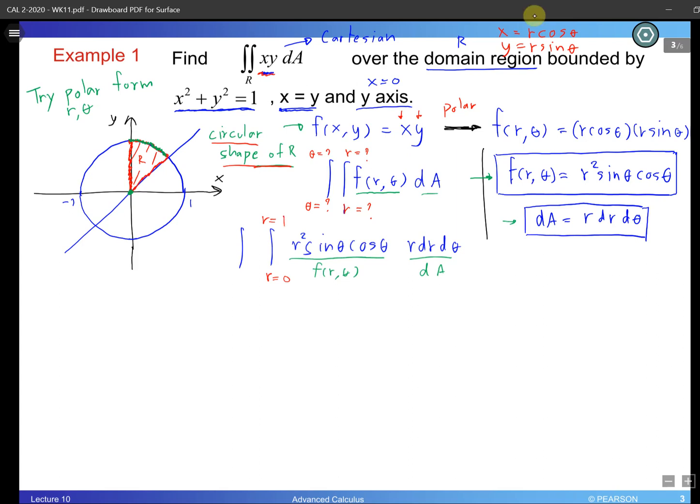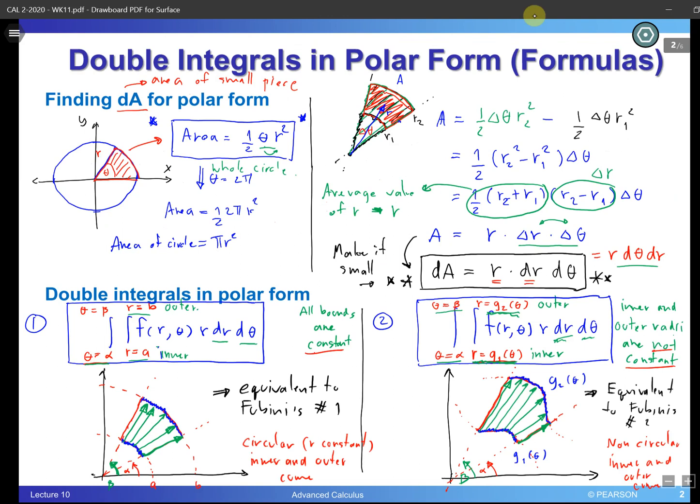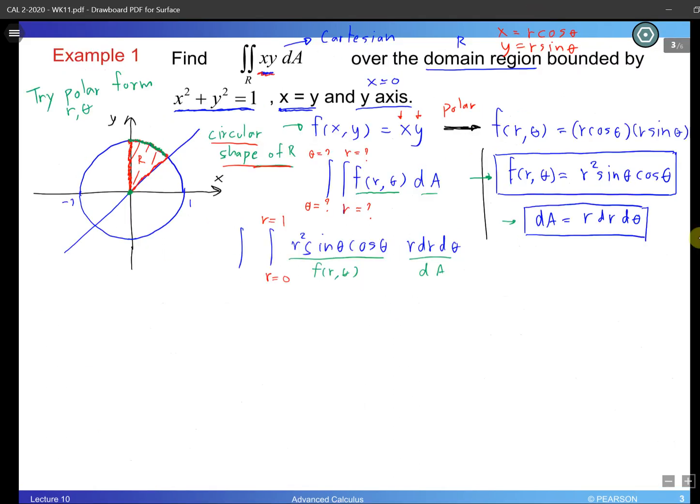So we are going to create this sweeping pattern from the inner radius to the outer radius, something like this arrow. Now let's work on the theta. The starting point of theta is right here.